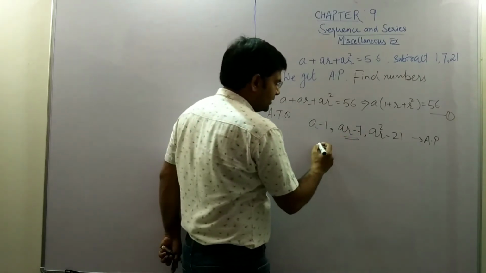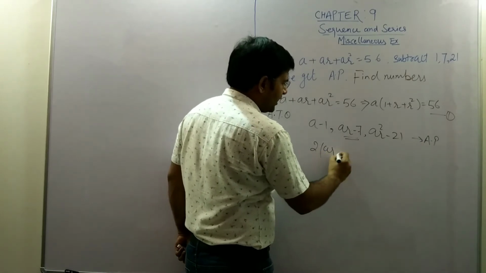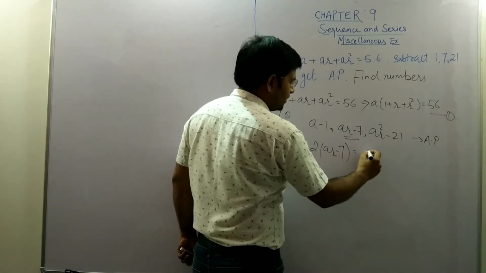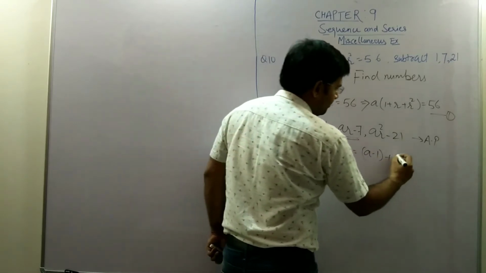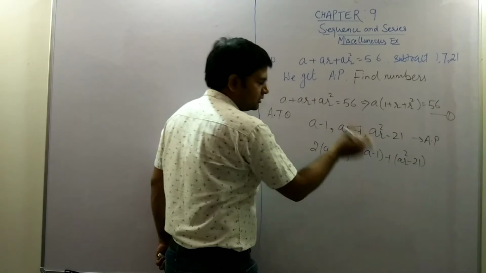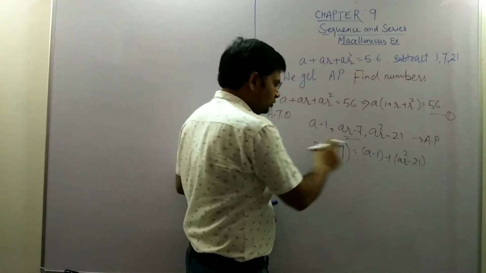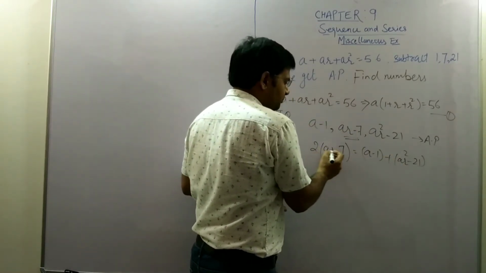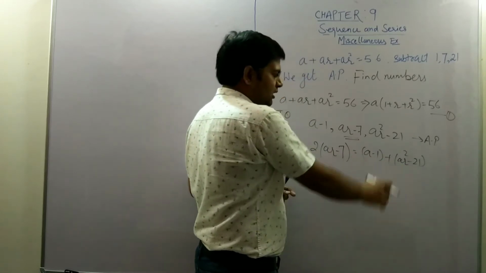So you can write this as 2(ar - 7) = (a - 1) + (ar^2 - 21).